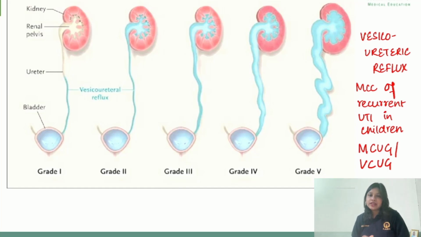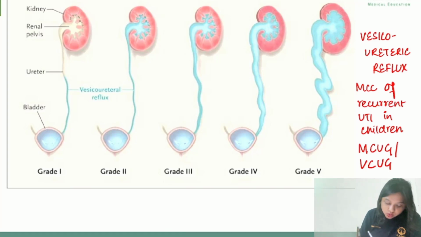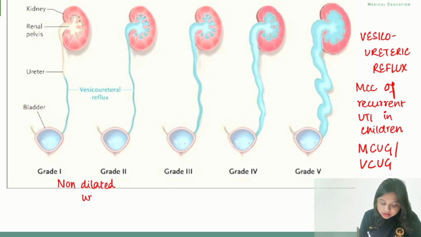So this is the grading in vesico-ureteric reflux, right? As you can see, we have 5 gradings. Now just look at the ureter from 1 to 5. I think you can appreciate that in grade 1 and grade 2 we have a non-dilated ureter, whereas in grade 3, 4 and 5, as the picture suggests, we have a dilated ureter.